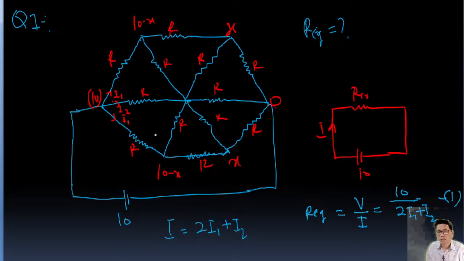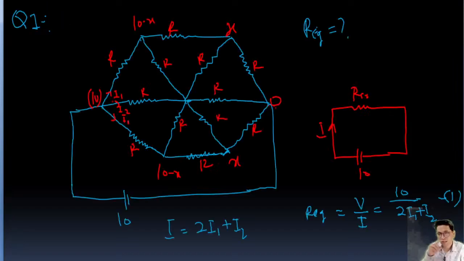Now in this circuit, where the voltage we have already taken, we can use KCL, that is nodal analysis, which I have already explained in my previous lectures. So this is x at this point.